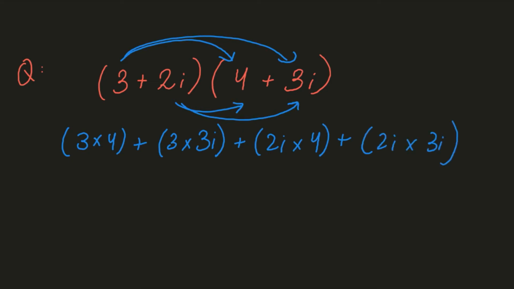So we have 12 plus 9i plus 8i plus 6i squared.